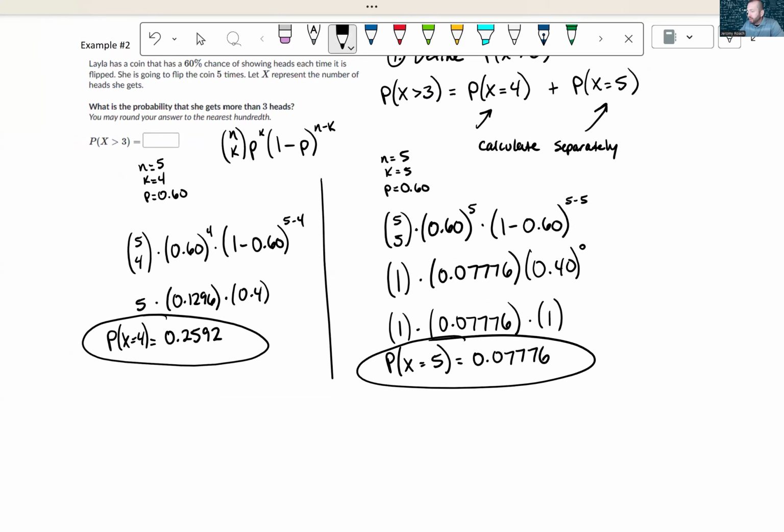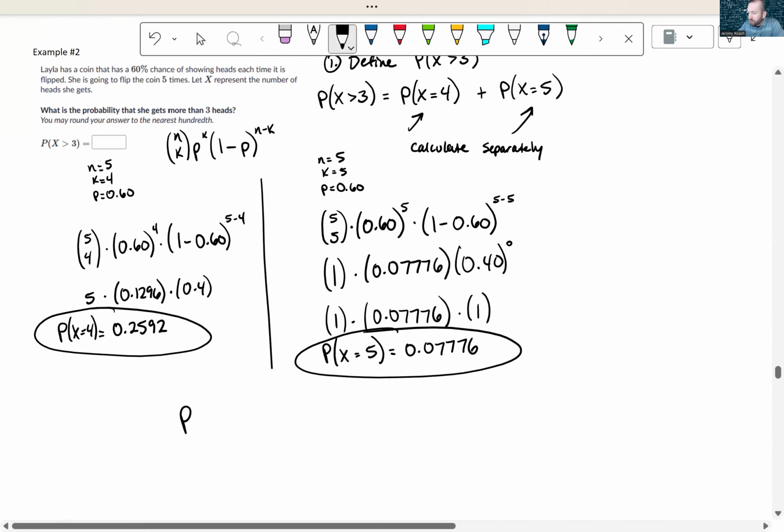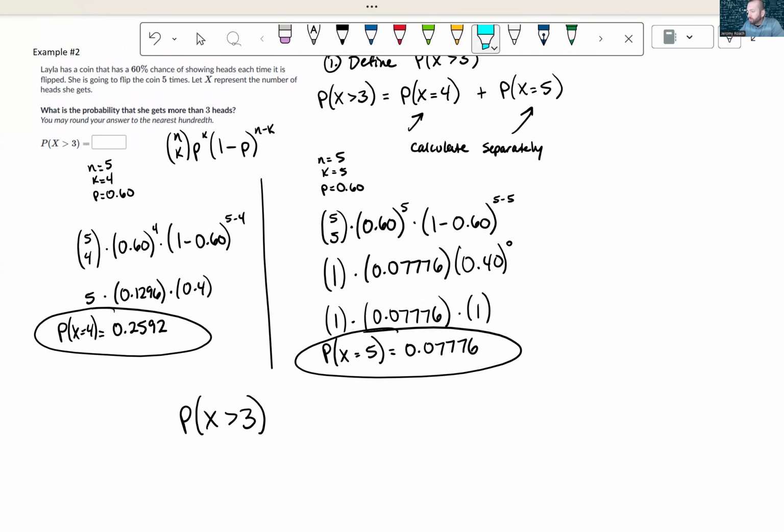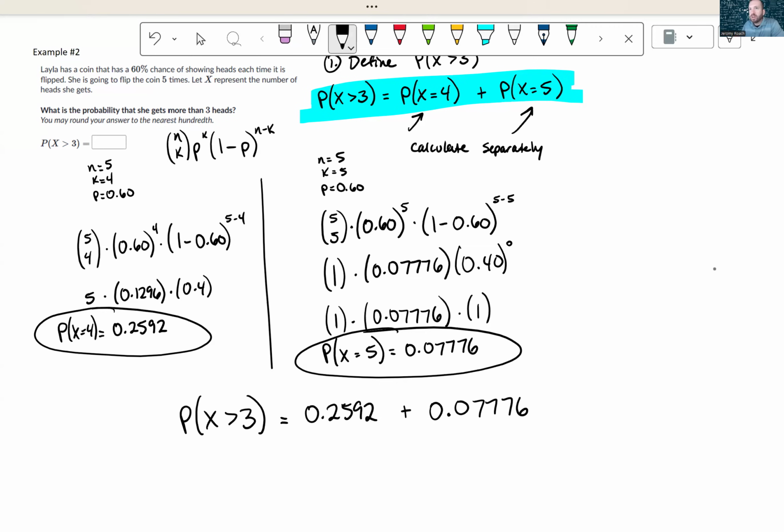Okay, now we're going to add these together. So the probability that x is greater than 3, we're just using this formula up here. We're going to add the probability that x equals 4 plus the probability that x equals 5. So we get 0.2592 plus 0.07776, and the probability that x is greater than 3 is equal to 0.33696.